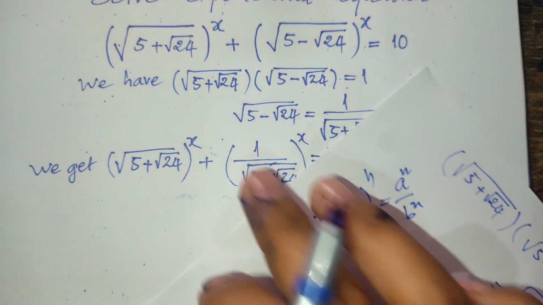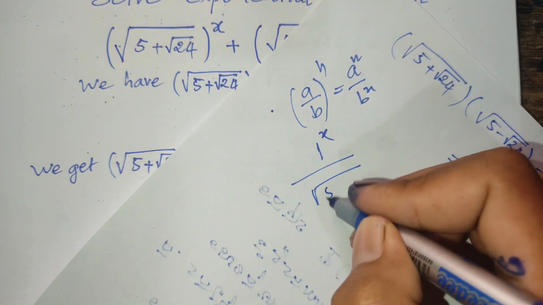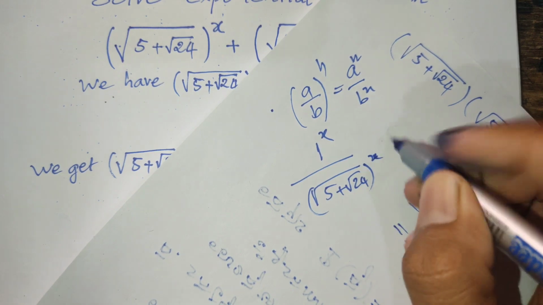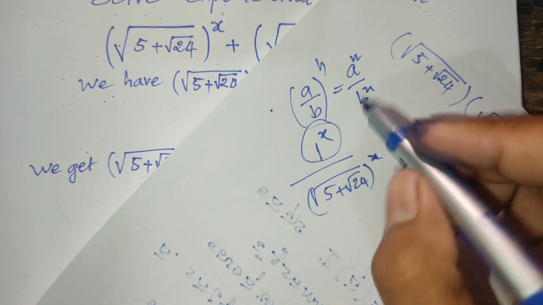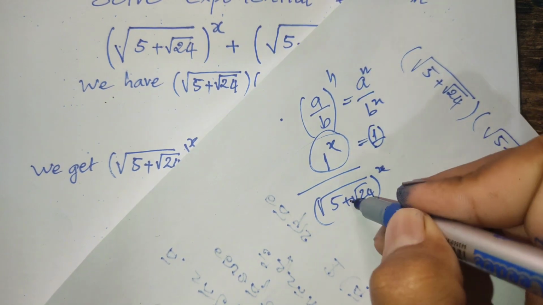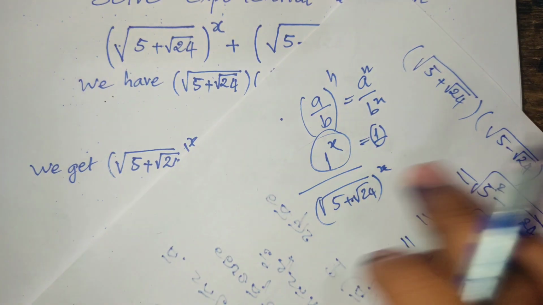So this is 1 power 8 divided by (square root of 5 plus square root of 24) all power 8, but 1 power 8 is equal to 1. So it is equal to 1 divided by (square root of 5 plus square root of 24) all power 8.